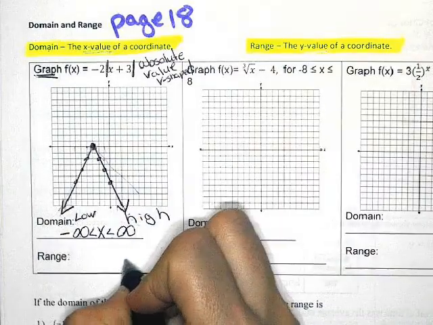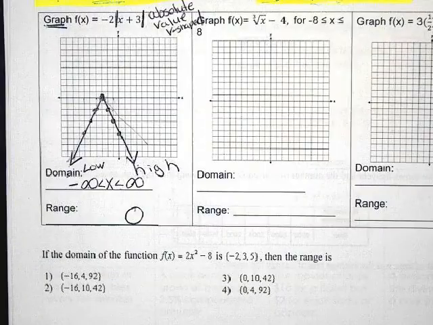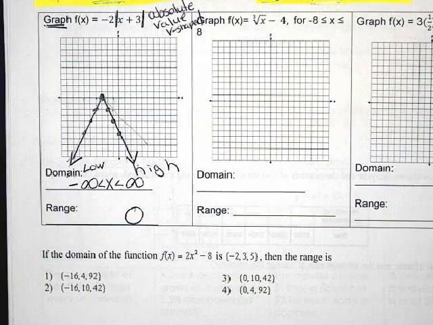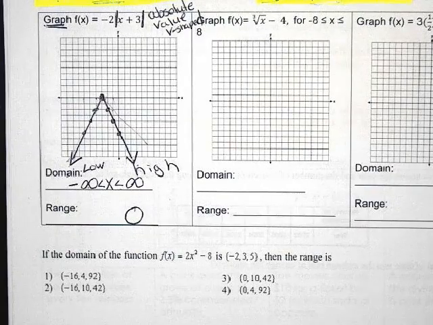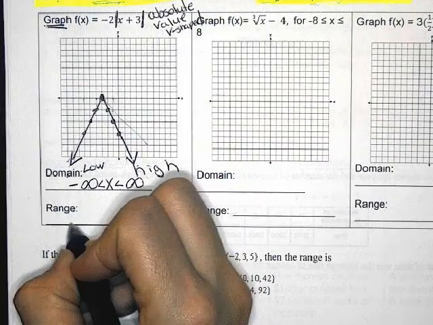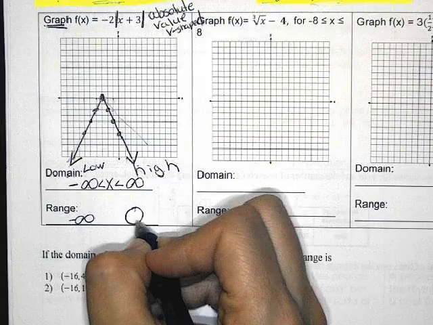The highest that the y numbers go is 0. But what's the lowest then? The arrows represent that they're going to keep going down to negative infinity. So my low here would be negative infinity with a high of 0.